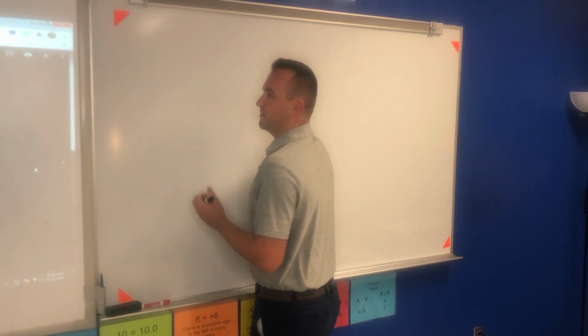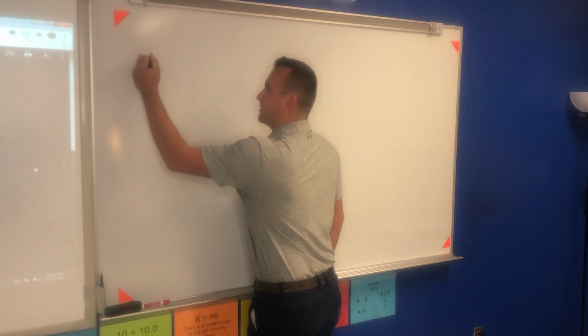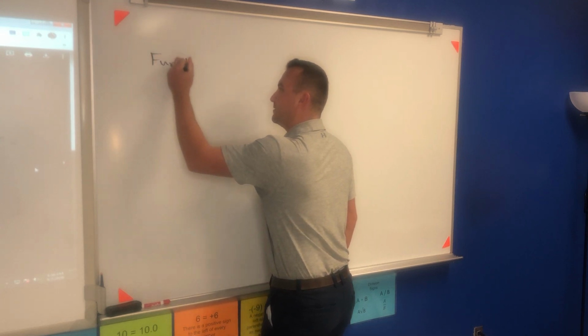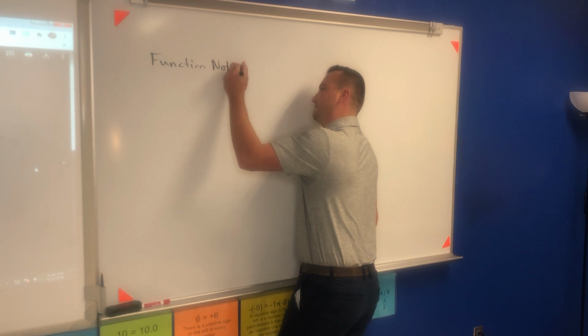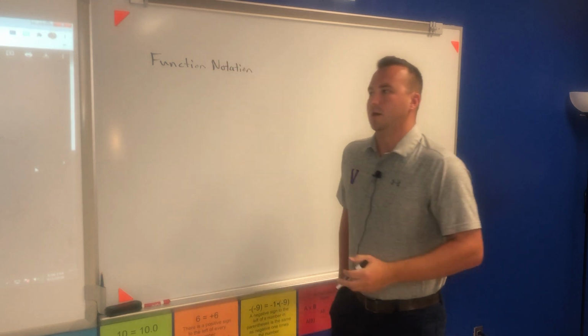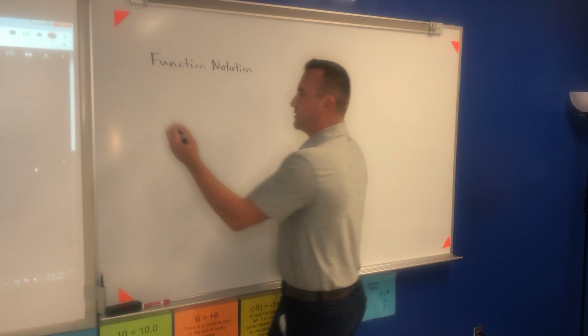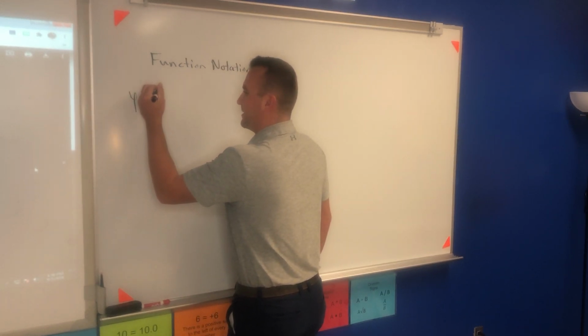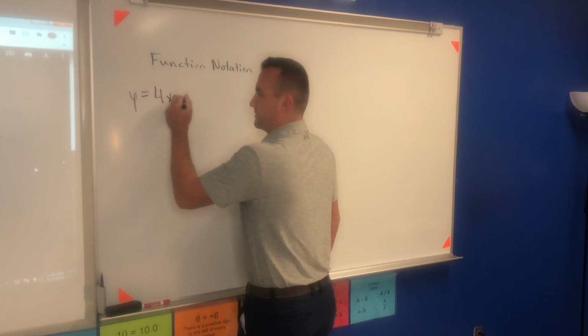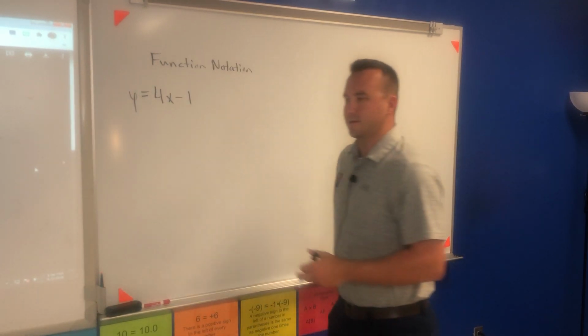When we talk about evaluating functions, we're going to be now in function notation. Okay, and basically all function notation is, it takes a regular equation, y equals 4x minus 1 for say, okay?